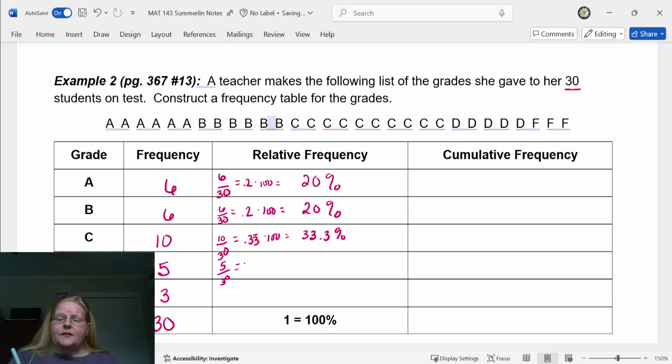Sorry, not 1.6, 0.16 repeating times 100 equals 16.7%. And then the 3 over 30.